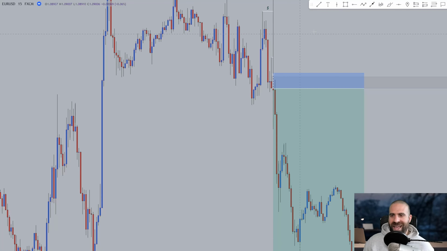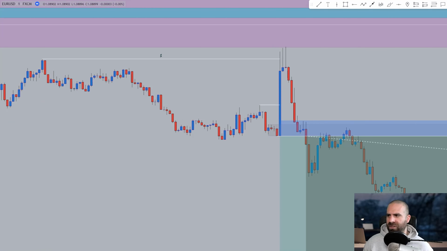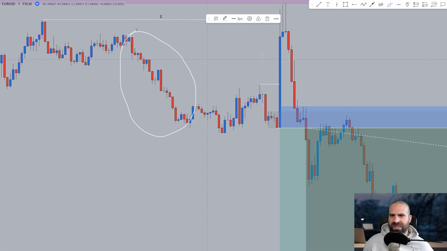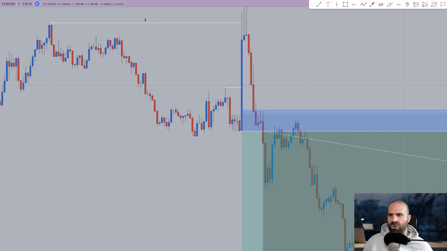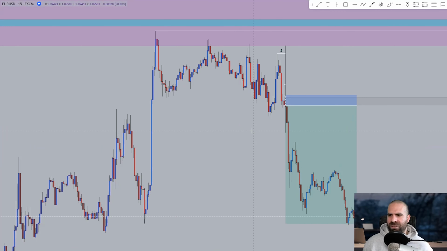When you are able to identify those extremely impulsive movements, such as the one that we saw here, which is totally different compared to those other movements such as this one, these you can tell apart, only then you can trade the breaker block with way higher probabilities of winning a trade, and you can go for extremely huge reward to risk.